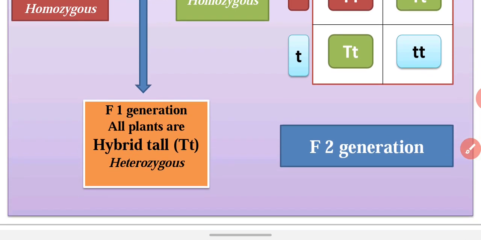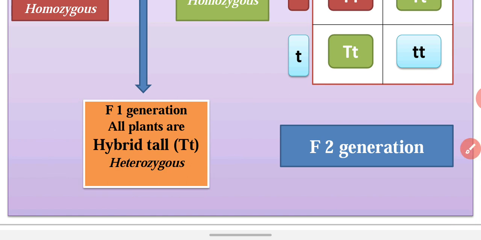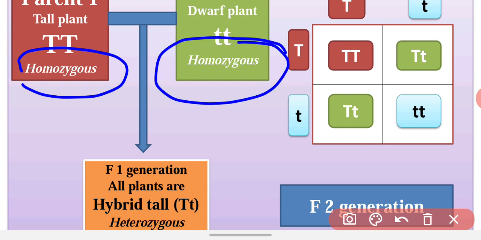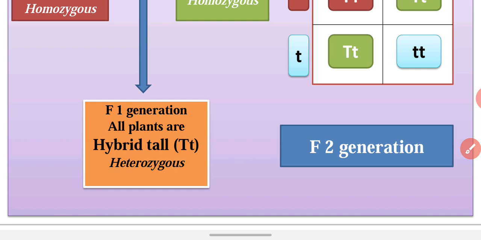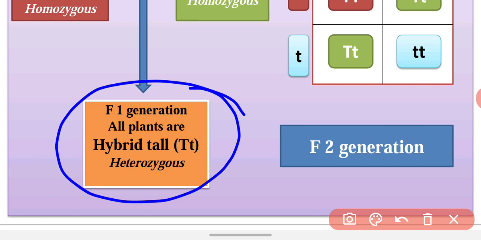Basically, all plants are hybrid tall. When he crossed homozygous pure tall and homozygous pure dwarf plants, all plants in the F1 generation are hybrid tall because they are heterozygous. That means only the dominant character is seen in the F1 generation.